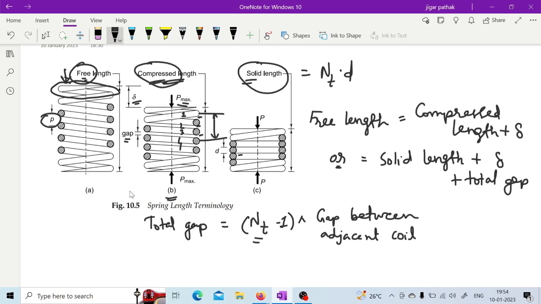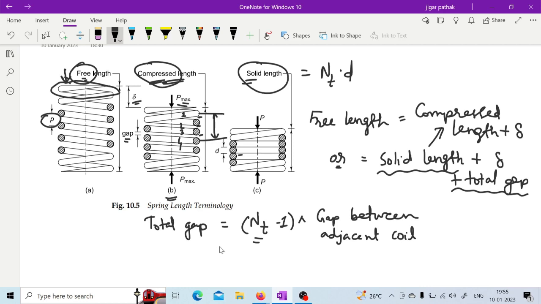Sir, practically which length is observed? Theoretically the compressed length is the solid length plus total gap, right? This solid length plus total gap will give you the compressed length.